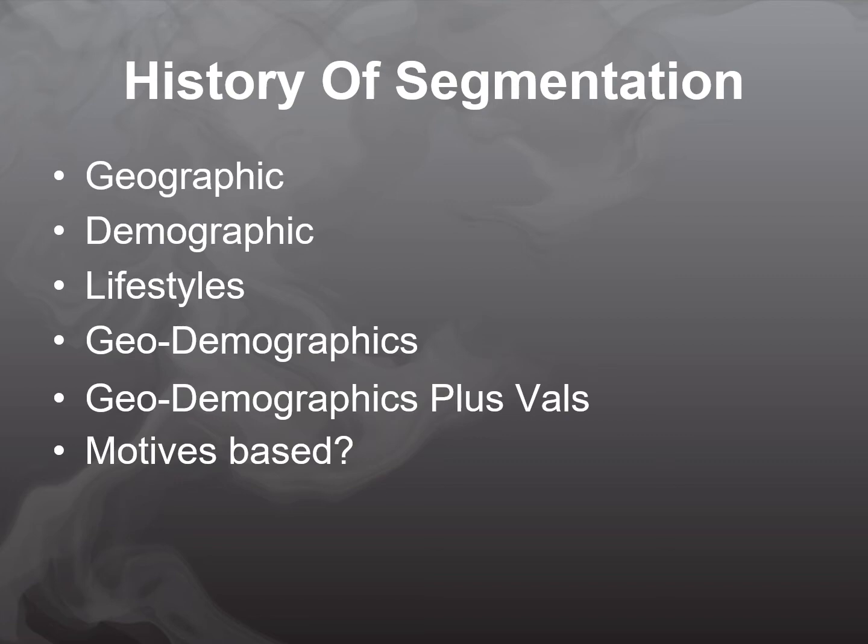The problem with each of these approaches is that it doesn't specifically address the issue of similar wants and needs. What it does is focuses on descriptive aspects of the customers and not their motives. And so we were really looking for some motive-based approach to segmentation that would work the best.